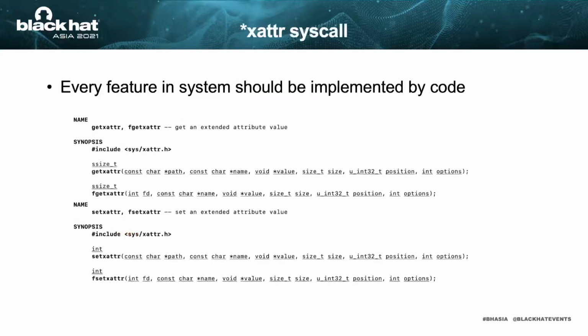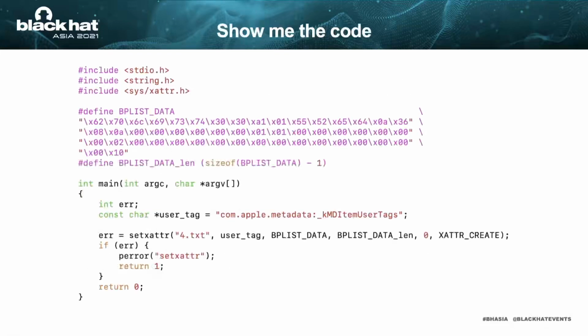So, how exactly is XATTR implemented? After all, every feature in the system should be implemented by code. The answer is macOS provides a series of XATTR system calls, such as getxattr and setxattr. We can use the following code to test whether it is the same as we thought. Set an attribute named item user tags to the file to make Finder think that the file is marked with a red tag.